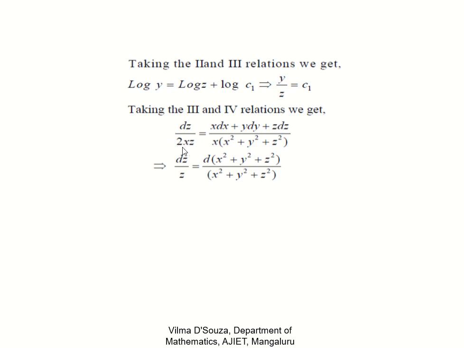And this 2 you can cross multiply: 2x dx + 2y dy + 2z dz. What is 2x dx + 2y dy + 2z dz? That is nothing but the differential of x² + y² + z². So dz/z = d(x² + y² + z²) divided by x² + y² + z². The numerator is the differential of the denominator, so now you can integrate.